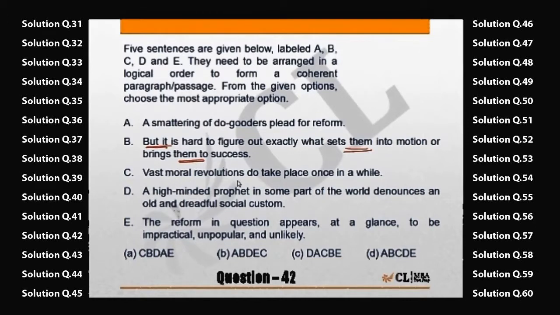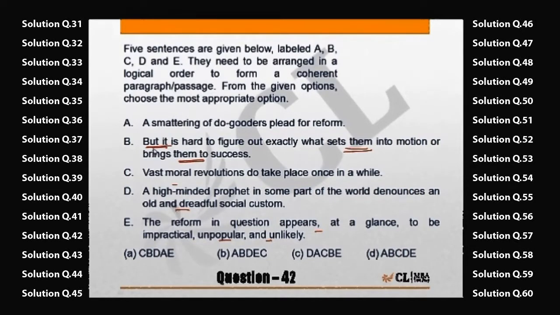C: Vast moral revolutions take place once in a while. The generic statement could be an opening, could be a closing statement, but could come anywhere actually. Statement D: A high-minded prophet in some part of the world denounces the old and dreadful social custom. E: The reform in question appears at a glance to be impractical, unpopular and unlikely.